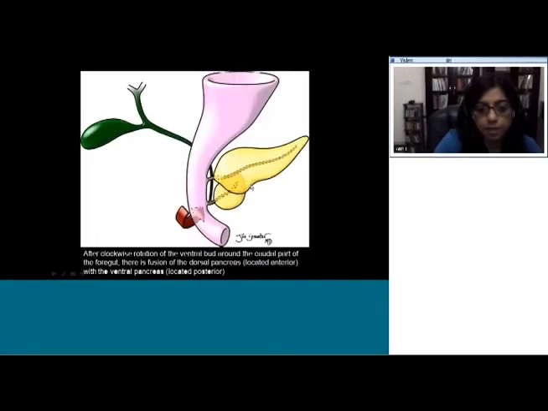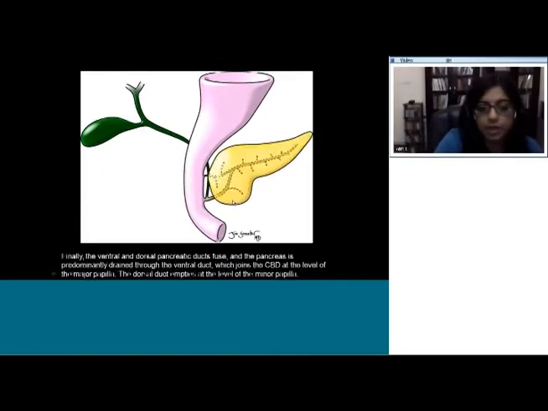And then there is a clockwise rotation of the ventral bud around the caudal part of the foregut, and it fuses with this dorsal portion of the pancreas. And the ventral portion, which is the smaller one, is located posteriorly. And finally, these ducts join.